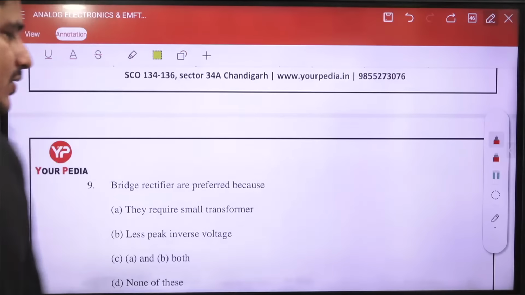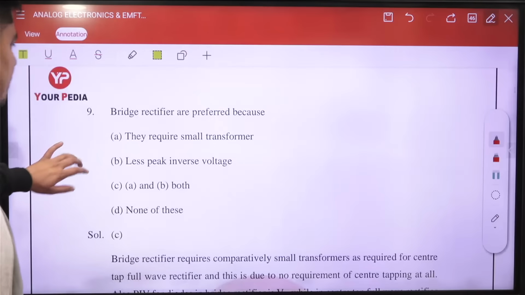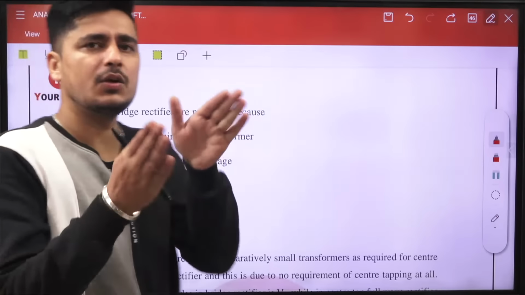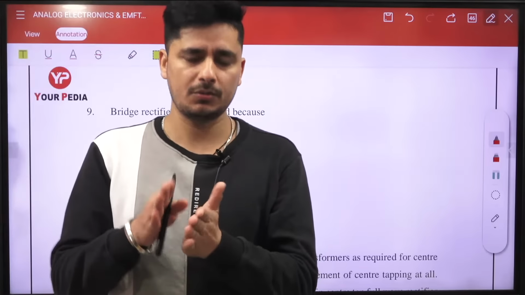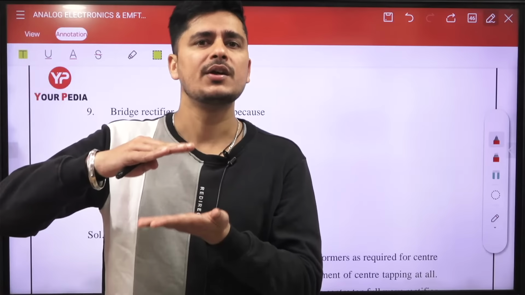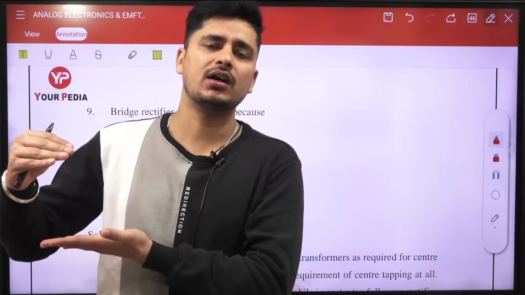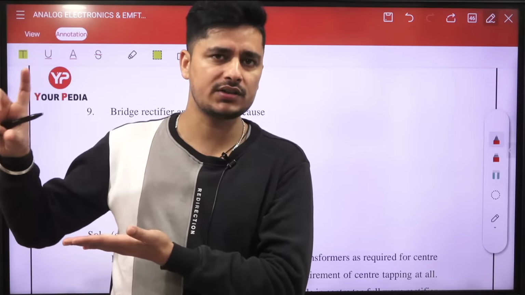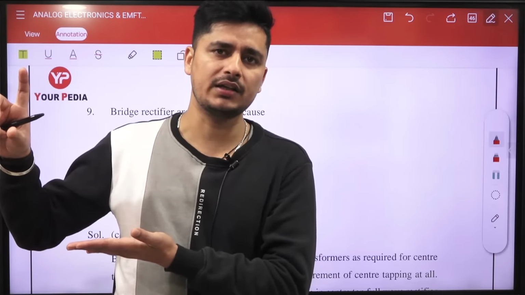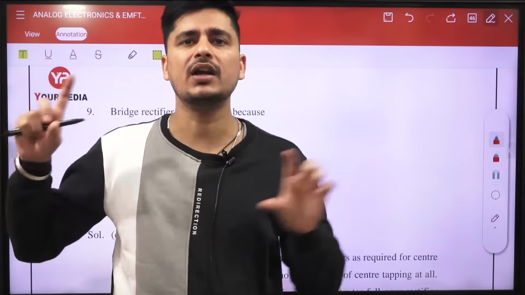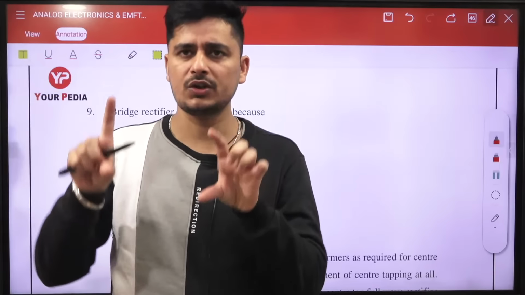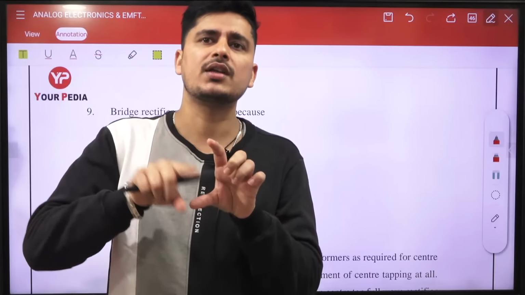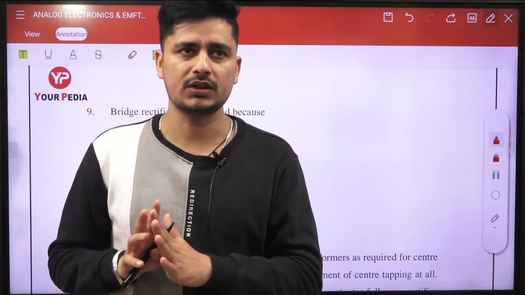C is the correct answer because the bridge rectifier requires only one transformer that is small in size, at the input side where we get the voltage of 220 volt from the supply, because our complete circuit cannot work at 220 volts. So we step down that voltage using a step down transformer, right?